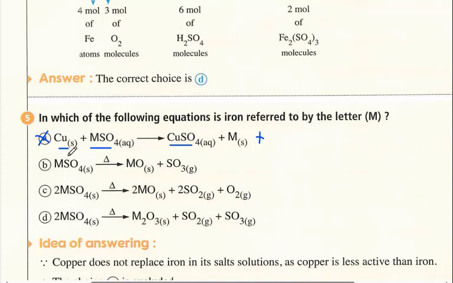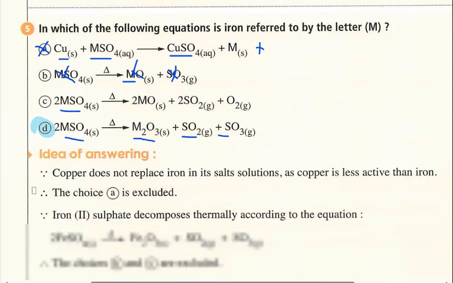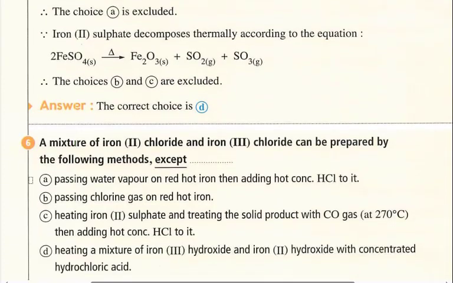So here 1 mole is not correct, and this is not the products. Okay, 2 sulfate and 2 sulfate. It forms ferric oxide, Fe2O3, sulfur dioxide, and sulfur trioxide, and this is the correct answer. Okay, let's have another example.